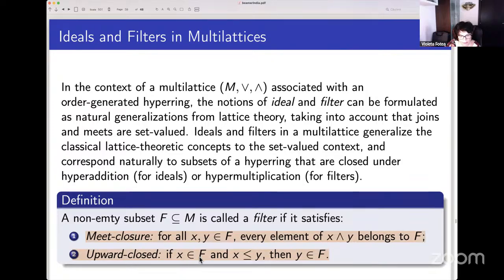If x is an element of F and y is bigger or equal than x, then y is in F. And for meet-closure, for all x and y elements of F, there is a difference, because here we have a subset instead of being just x meet y: we consider every element of this set, which is the maximal lower bounds of x and y.